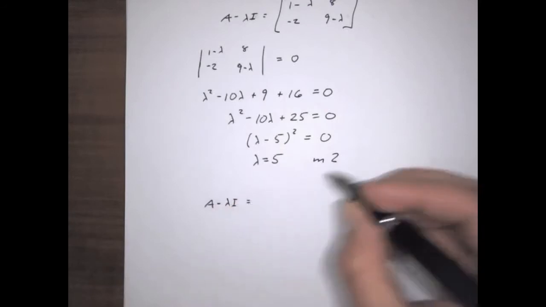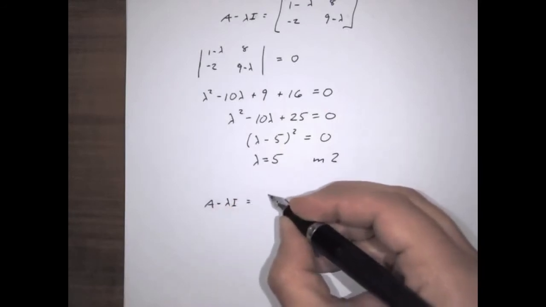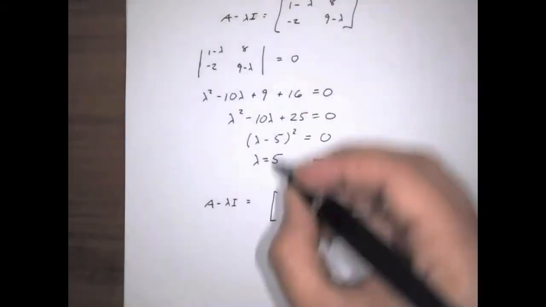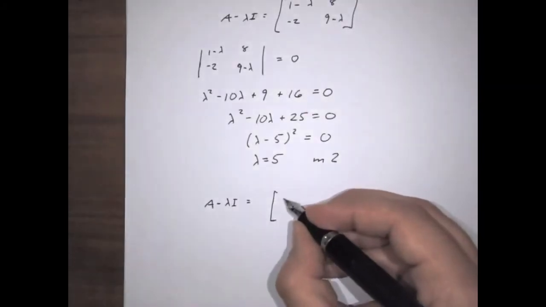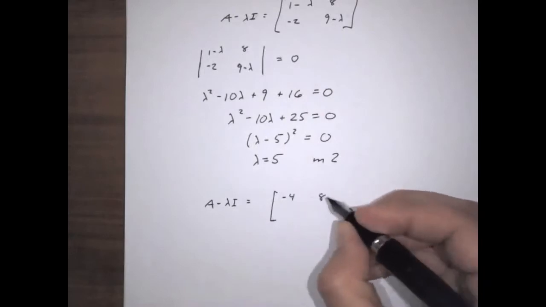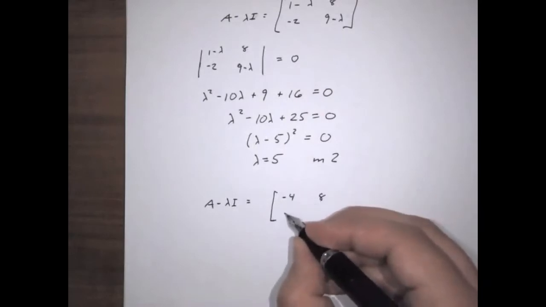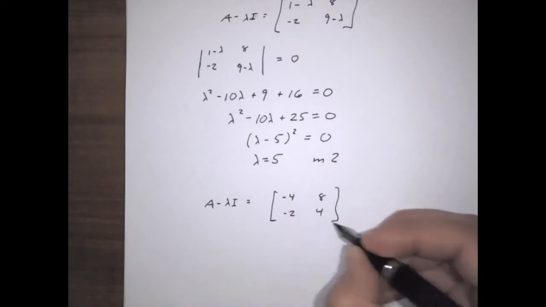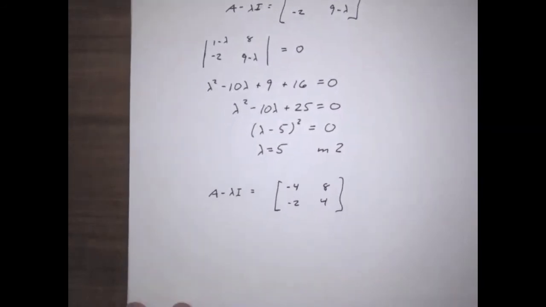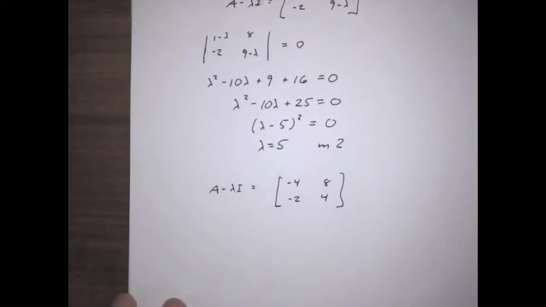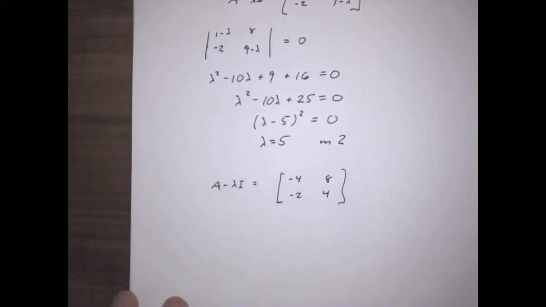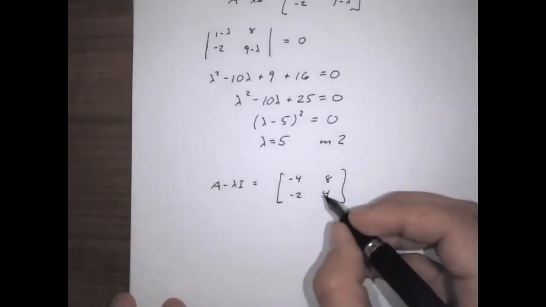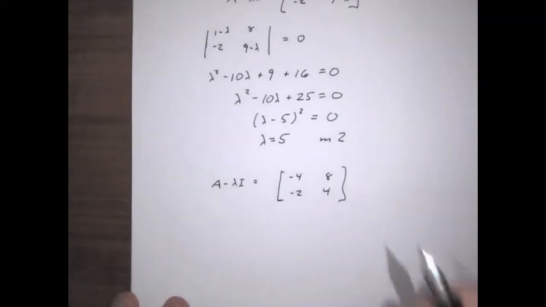A minus lambda I will be 1 minus 5, so it's going to be -4, 8, -2, and 4, which, as we can tell, is not going to give us two distinct eigenvectors that are linearly independent. We're only going to be able to get one eigenvector out of this.